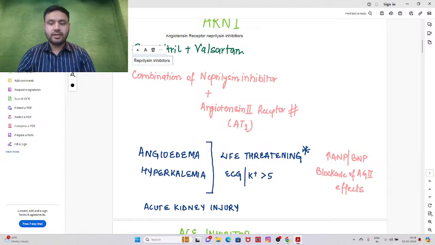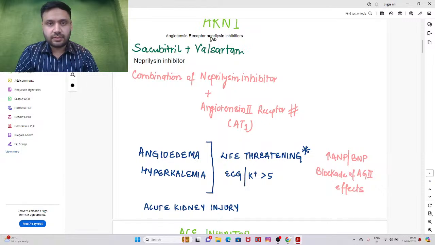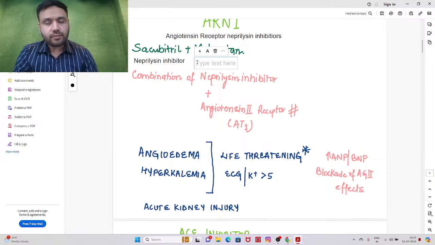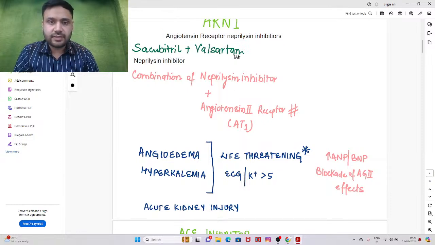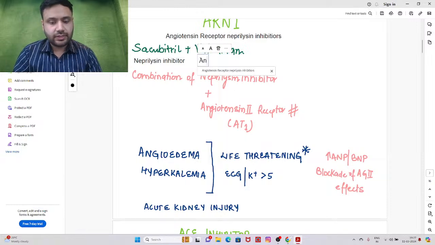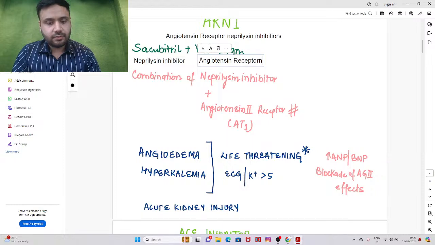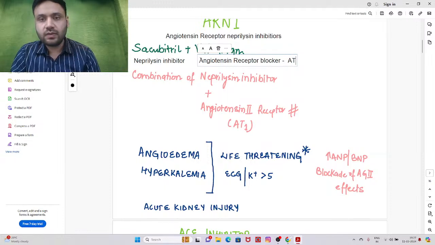It's a neprilysin inhibitor. So I hope this is visible. Yes, and this one too. So valsartan is an angiotensin receptor blocker. Which receptor blocker? Remember the bad guys? These are AT1.